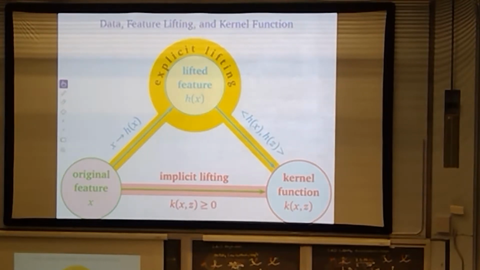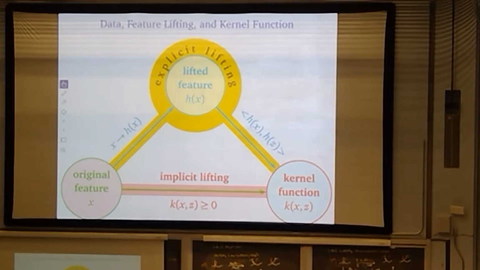This path is illustrated on this diagram as this yellow path. You go from original feature x, map to h of x, and then come back to one scalar function, kernel function, the similarity between two features. This is so-called explicit lifting. One way of calculating the kernel function through explicit feature lifting.